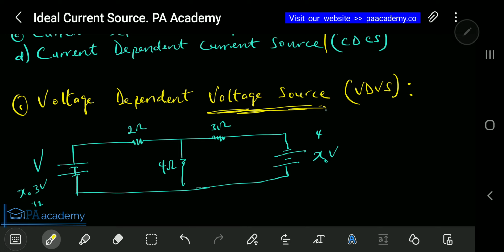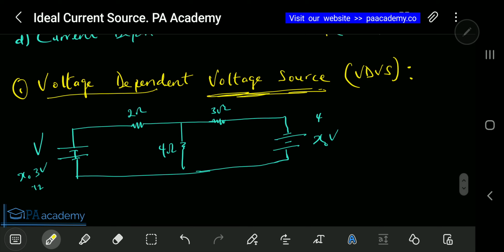What makes that voltage source different is that it is voltage dependent. What that simply means is that, looking at this diagram, we have a particular voltage source whose value depends on another voltage. That's why we have a voltage dependent voltage source.